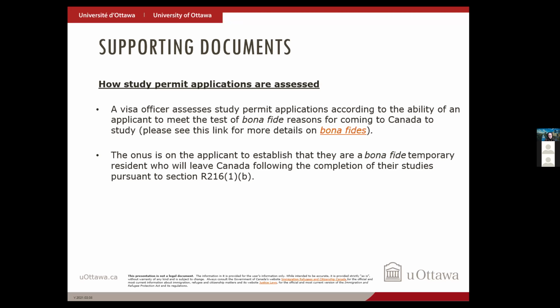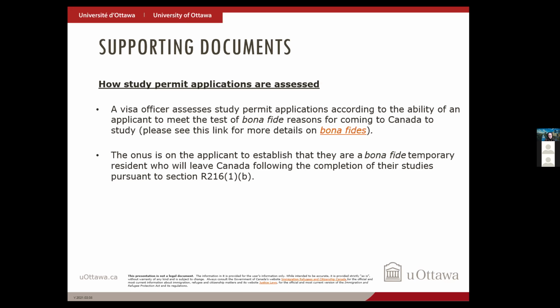Applying for a study permit is a temporary residence application. And because it's a temporary residence application, you have to have that temporary intention. That has to be the primary intention when you're applying for your study permit. You are, of course, allowed to have other aspirations in terms of staying here longer after your studies. That's fine. It's called dual intent.